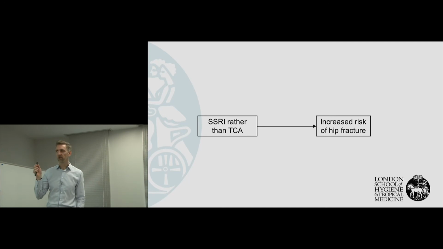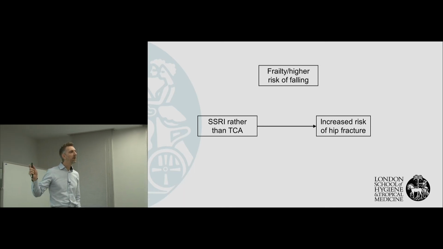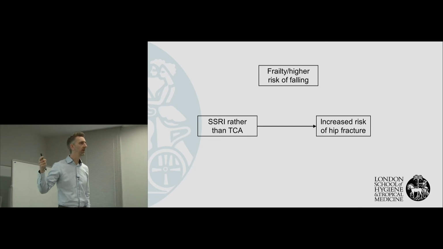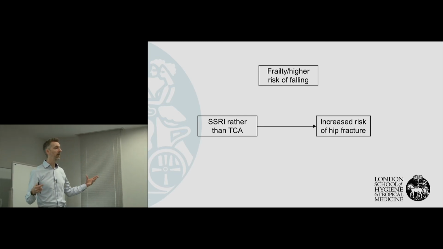So back to this question. The idea of choosing between SSRIs and tricyclics and an increased risk of hip fracture. The problem is, and if we think about the first cartoon slide I showed you with the two ladies and choosing between an SSRI and a tricyclic, the question is, are doctors prescribing the newer SSRIs to patients that they believe are quite frail because they want to try and avoid hip fractures in those patients?